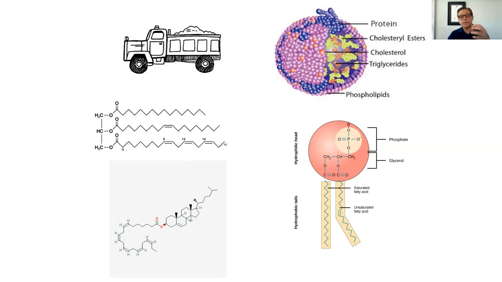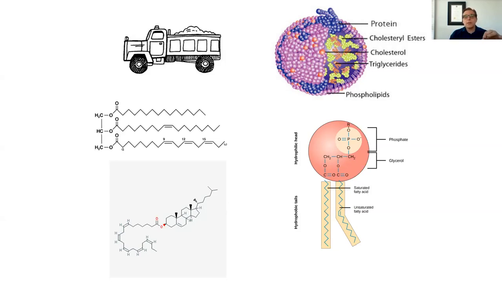These proteins that are part of the lipoprotein complex are water soluble. It's like a trucking system in a way, and it contains all kinds of material: cholesterol, what's called cholesterol esters, triglycerides and phospholipids, and also fat-soluble vitamins.